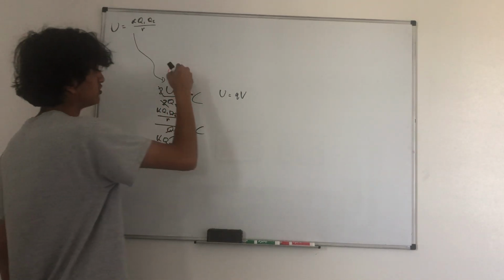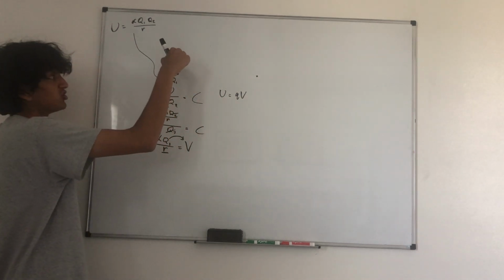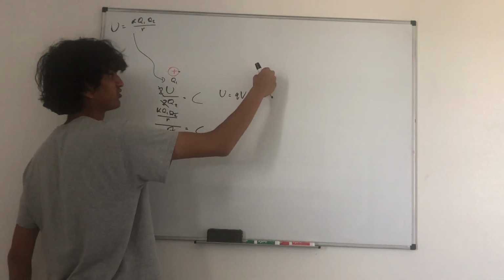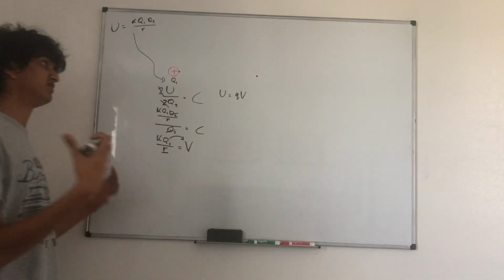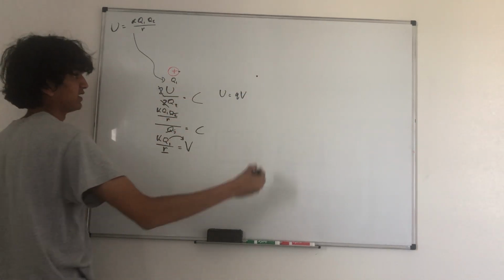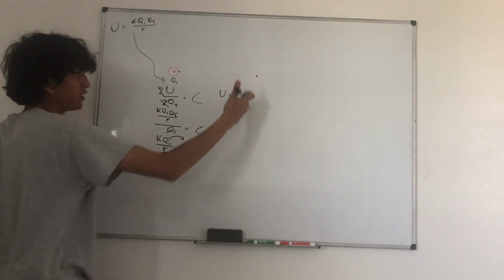But there's still going to be an electric potential right here. This charge, just like how it causes an electric field, is causing this electric potential right here. How do I know what the electric potential is?